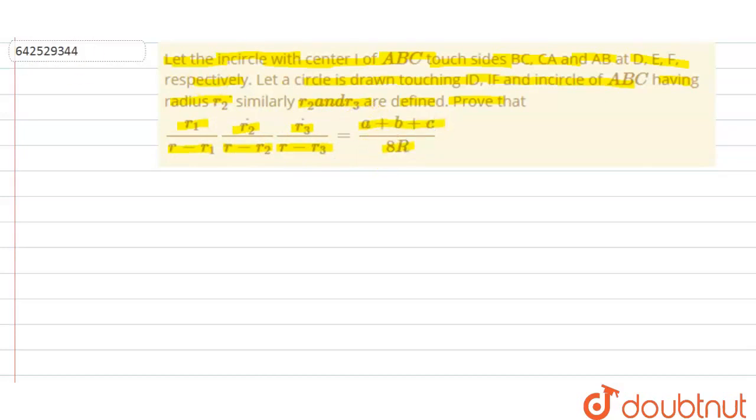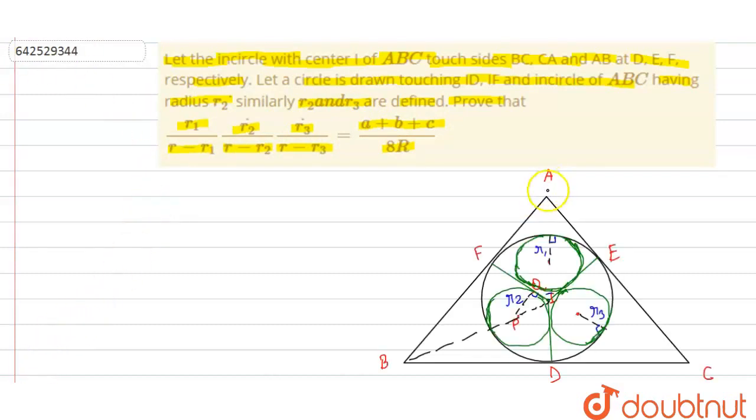Alright, so let's solve this. As per the given direction, we will construct it. This is a triangle ABC, and this is the incircle. ID, IE and IF are the radii, so we can write ID is equal to IE is equal to IF is equal to the incircle radius.